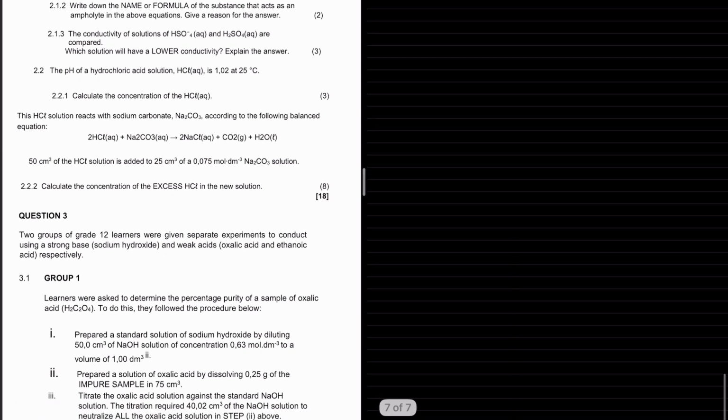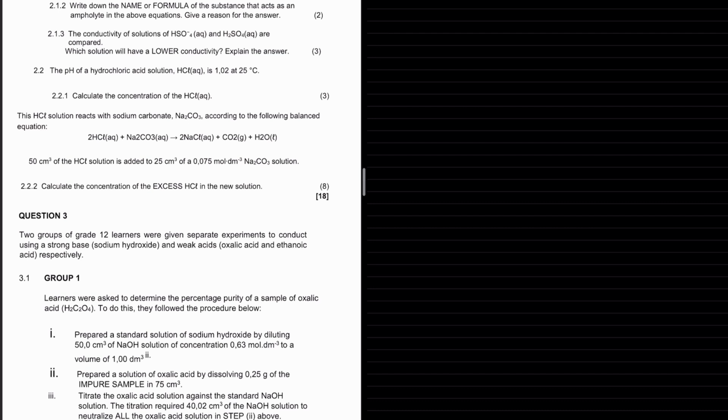Moving on, this HCl solution reacts with sodium carbonate according to the following balanced equation. 50 cm cubed of the HCl solution is added to 25 cm cubed of a 0.075 mole per dm cubed Na2CO3 solution. Calculate the concentration of the excess HCl in the new solution.